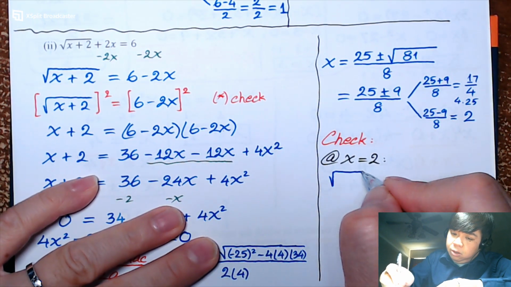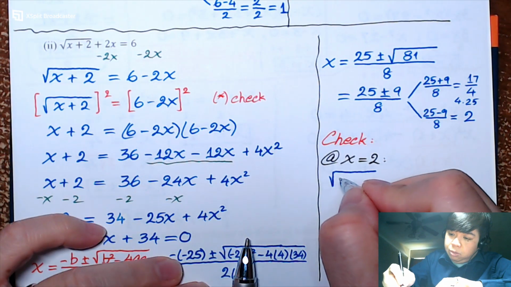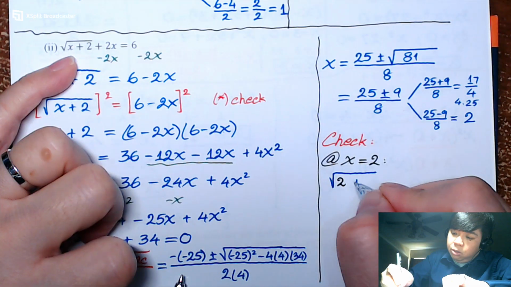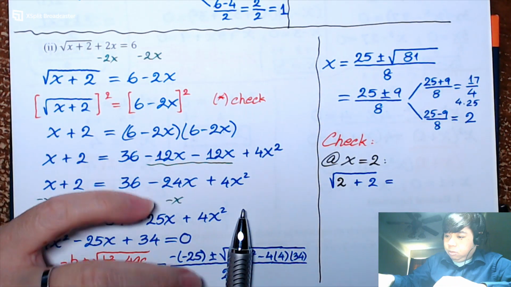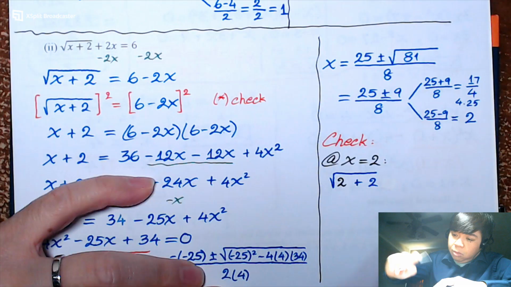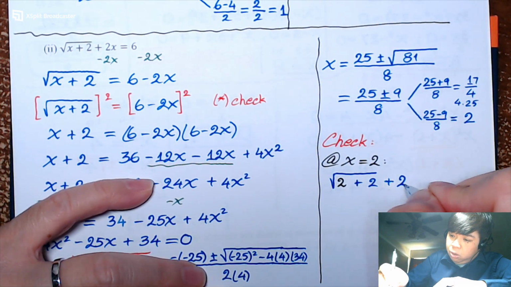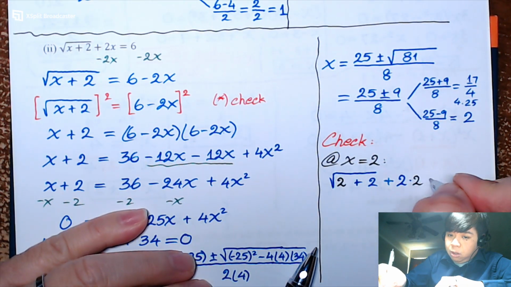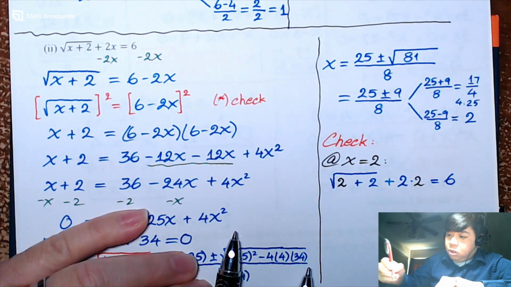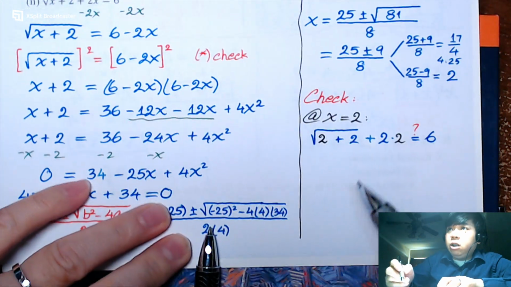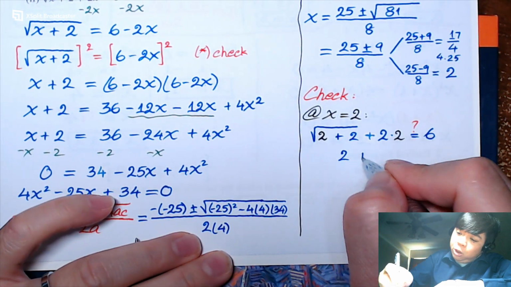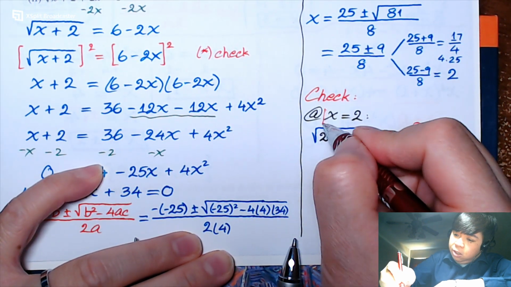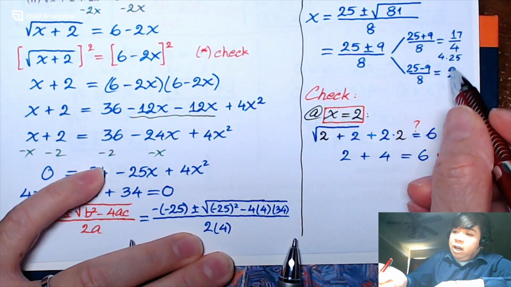Square root of 2 for x plus 2, plus 2 times x, is that equal to 6? Well, the square root of 4 is 2. 2 plus 4 is equal to 6. So yes, that works. Now check for 4.25.